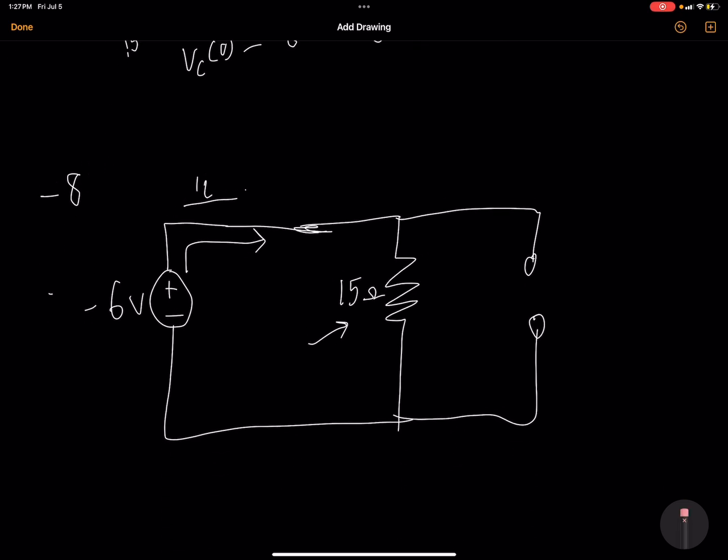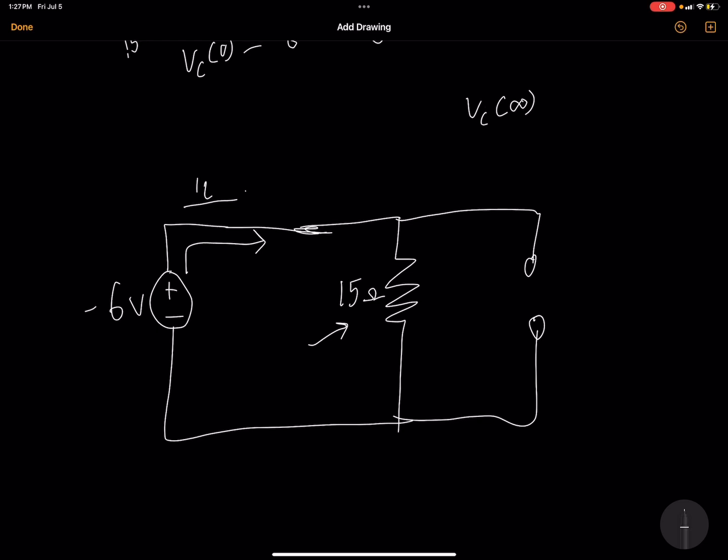So now we need to solve as the circuit goes to infinity. So as this circuit goes to infinity, VC of infinity, we need to find the voltage as it goes to infinity. Well, now we have negative 6 because now U of t is equal to 1 for t greater than 0. And we get a new voltage, which comes out to be negative 6 as the final value, because there's only one resistor.